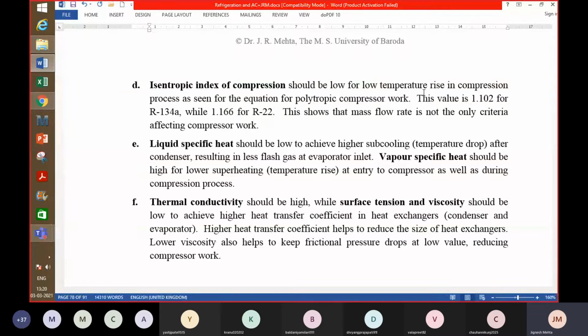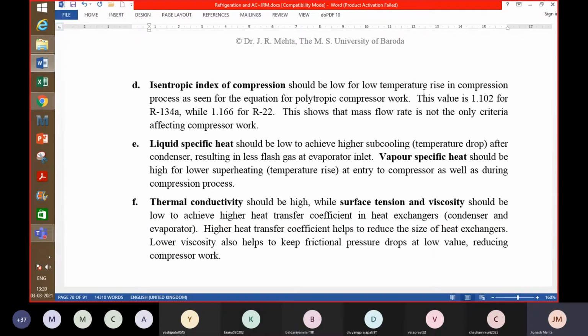Now if the liquid specific heat is low, then with the same heat removal you will get more temperature drop, which is desirable, and it will lead to less flashing of the vapor in the throttling device.